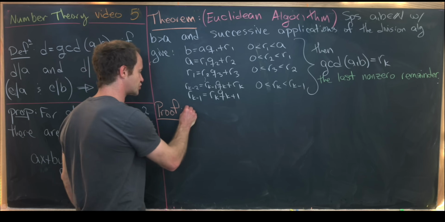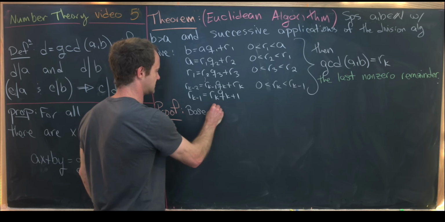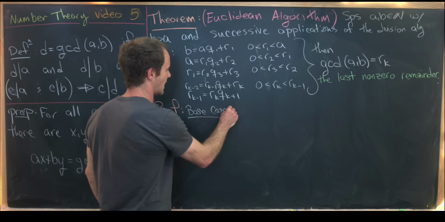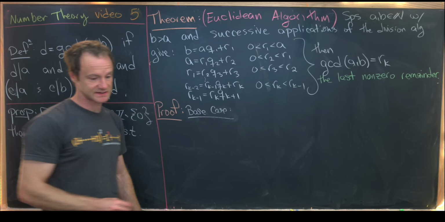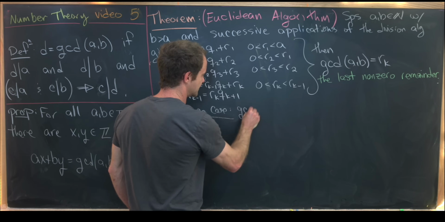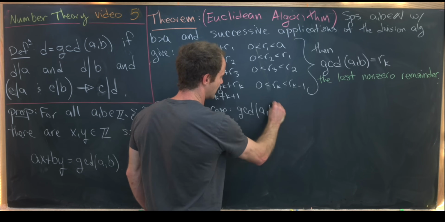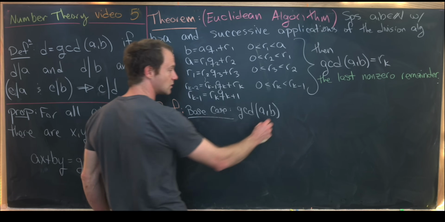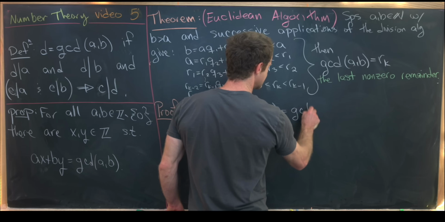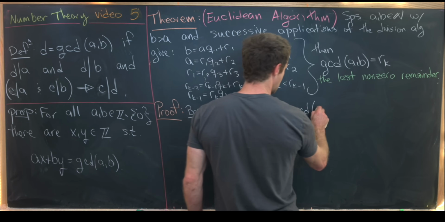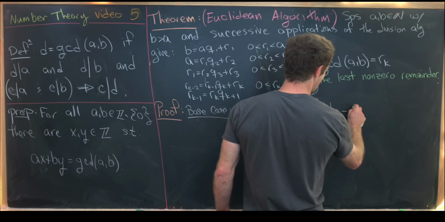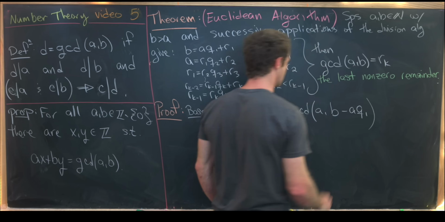Okay, so let's maybe start with our base case. So our base case will be the following statement, and that is that the GCD of a with b is equal to the GCD of a with b minus a times q1.